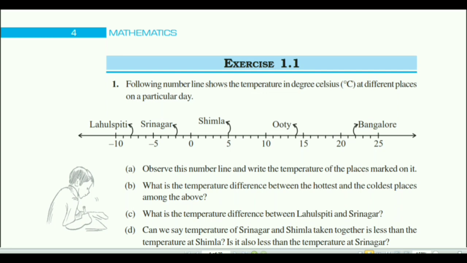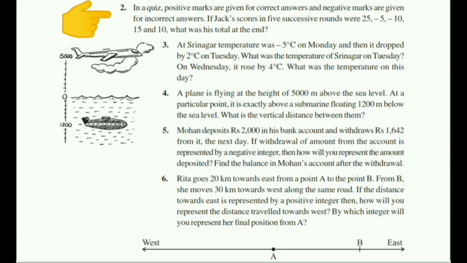Let us solve the second sum. In the second sum, the marks scored by Jack have been given, and his score has been given in 5 consecutive rounds. Let us find out what is his final score.